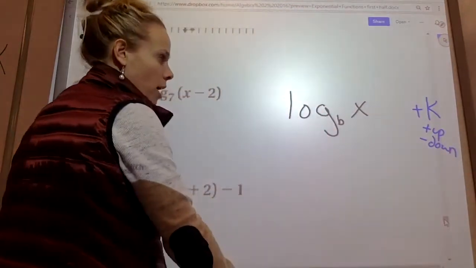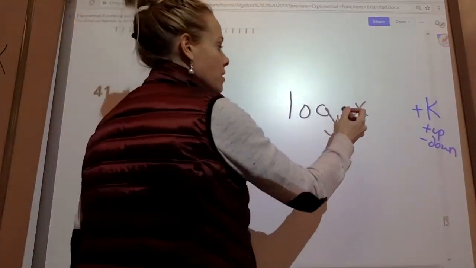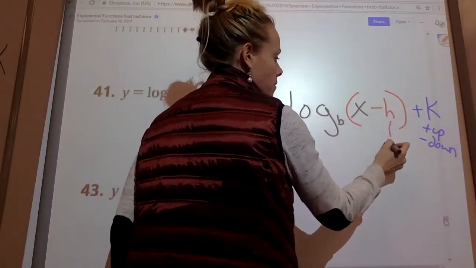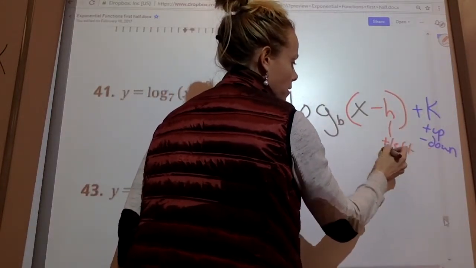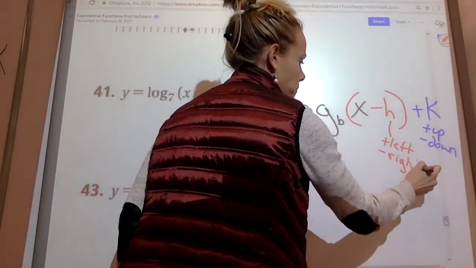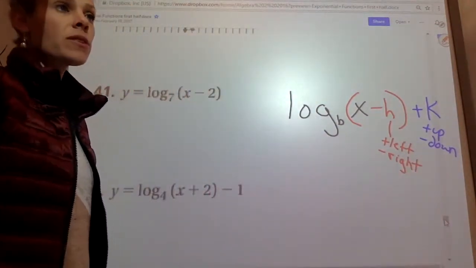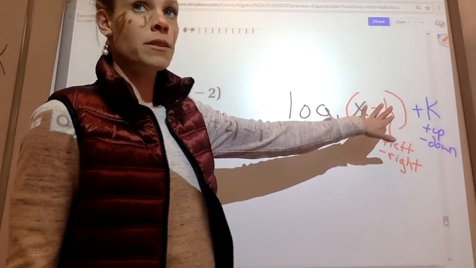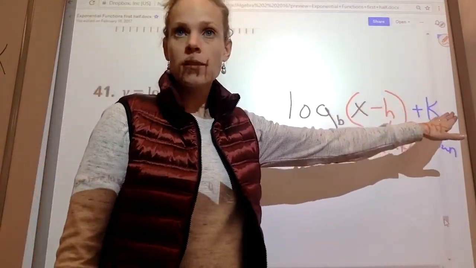When I'm adding or subtracting just to the x, and that is going to be indicated by parentheses, that is going to be my left or right. Okay, so parentheses are really important on the log. Parentheses is adding left and right. Outside parentheses is up and down.